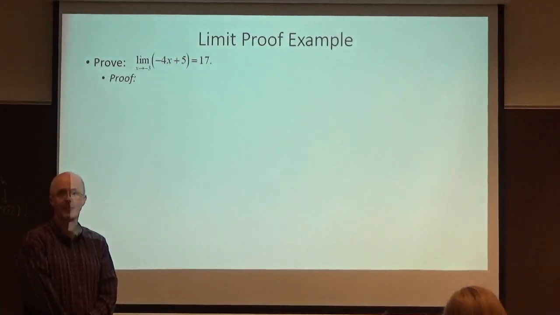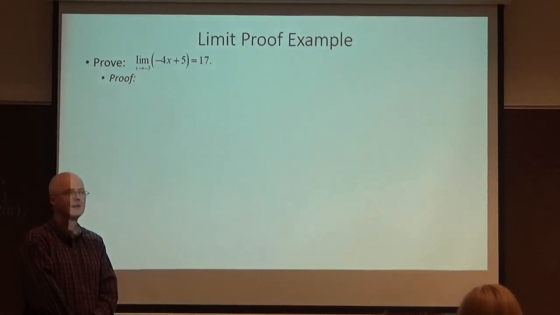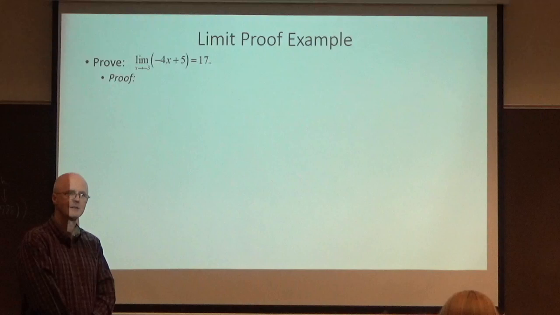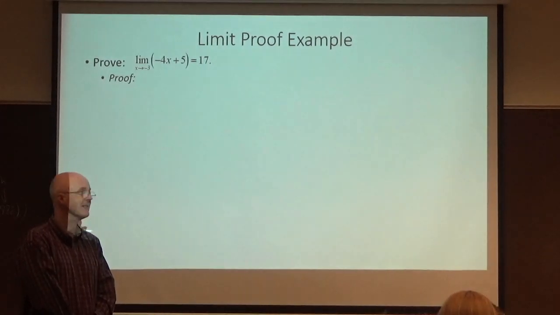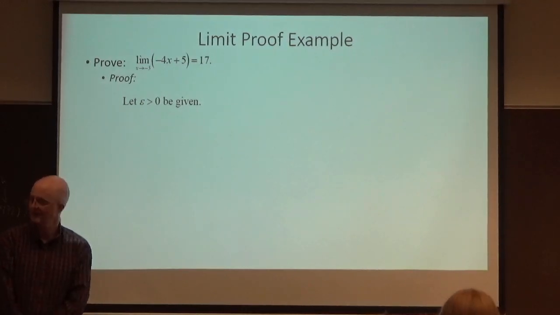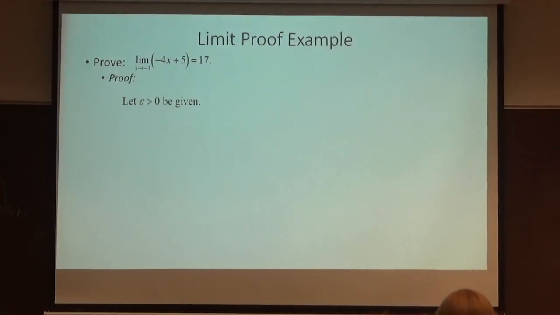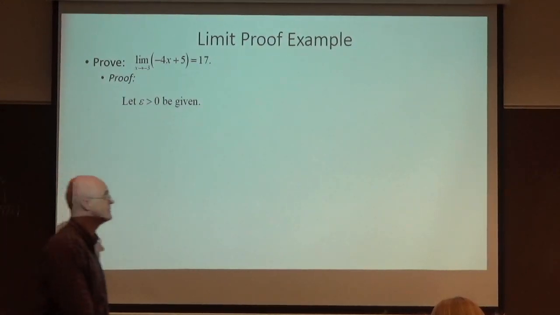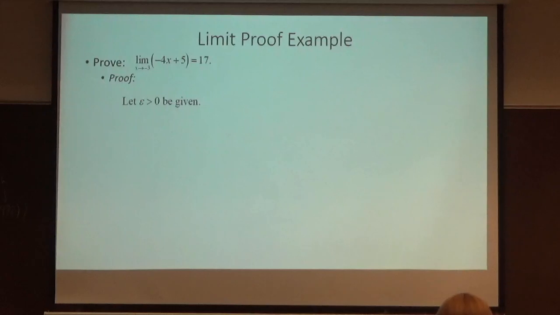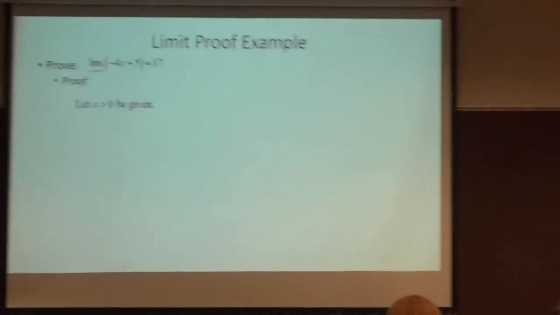Here's how you do it. This first sentence, you can probably use the exact same wording. You start by saying, let epsilon greater than 0 be given. Epsilon is my measure of how close I'd like to be to the limiting value 17. L here is 17.